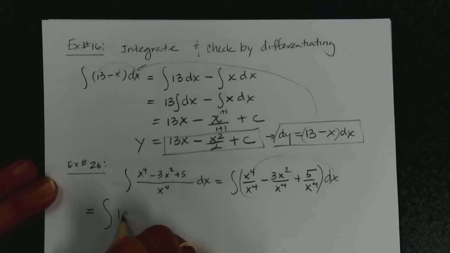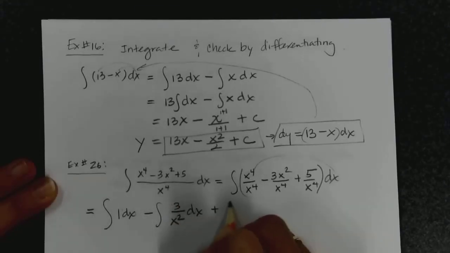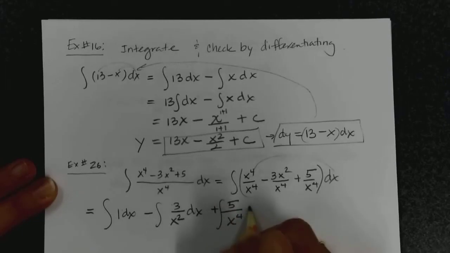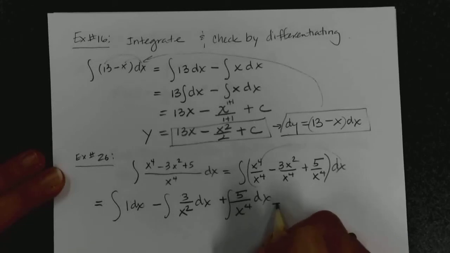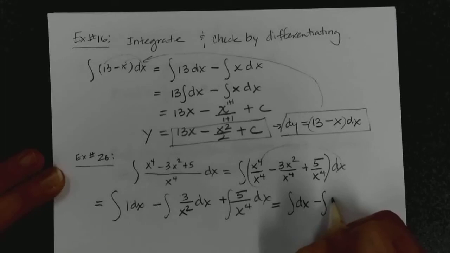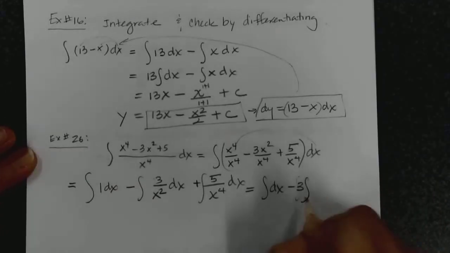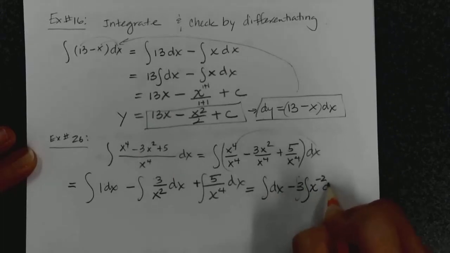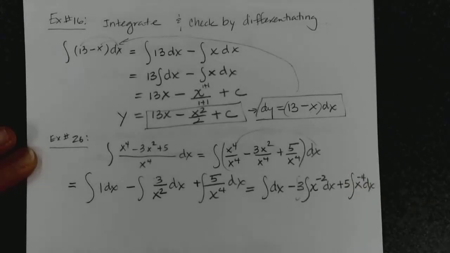This will be the integral of 1 dx minus the integral of 3 over x squared dx plus 5 over x to the 4th dx. Separate the integrals. So then I could rewrite this as the integral of dx minus the integral, and I could pull the 3 out as well. Let's pull the 3 out, and then we're going to integrate and rewrite this as x to the negative second dx, and then this will be plus 5 times the integral of x to the negative 4 dx.